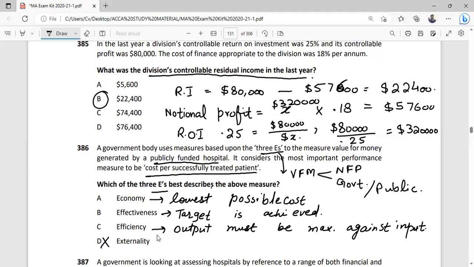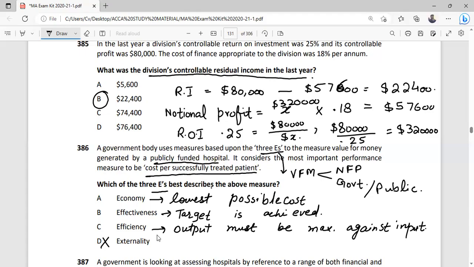You want to calculate what would be our cost for each patient treated successfully. But in fact, at times we are talking about the cost, but our objective is not to calculate the economy. Our objective is to calculate the efficiency.